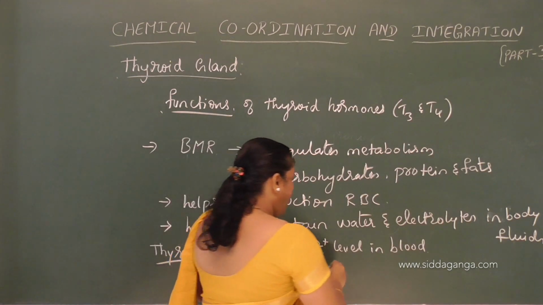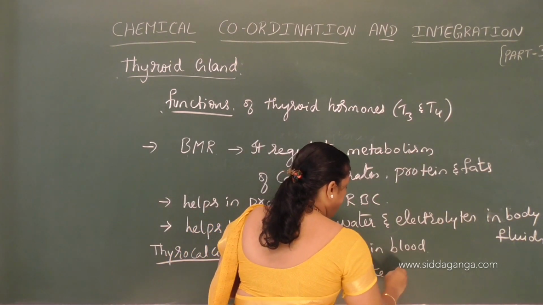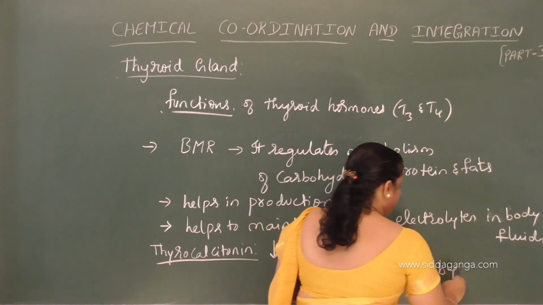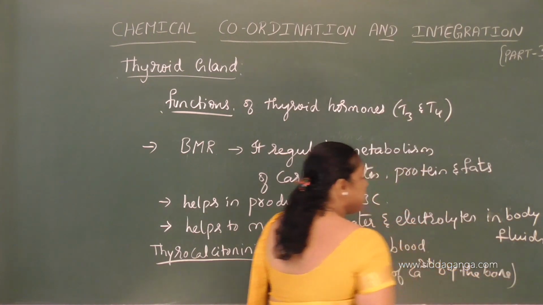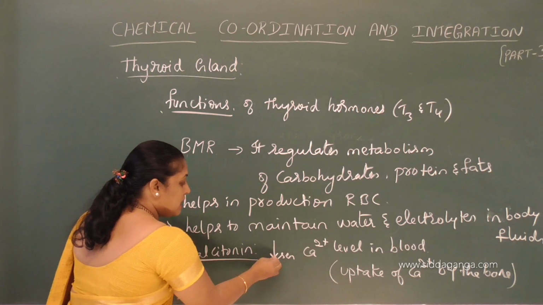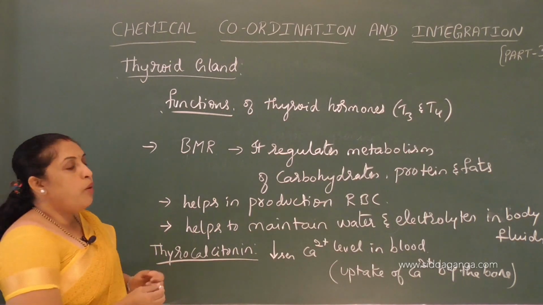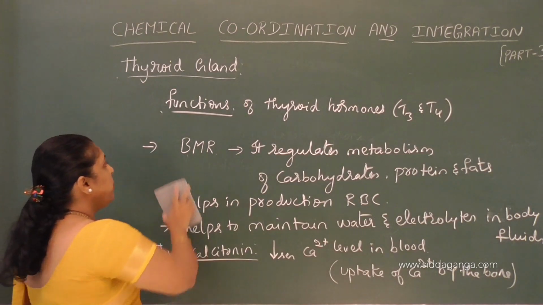It allows uptake of calcium by the bones. Bones absorb the calcium present in the blood. In that way, it decreases the calcium level in blood. That is about the functions of thyroid hormones.